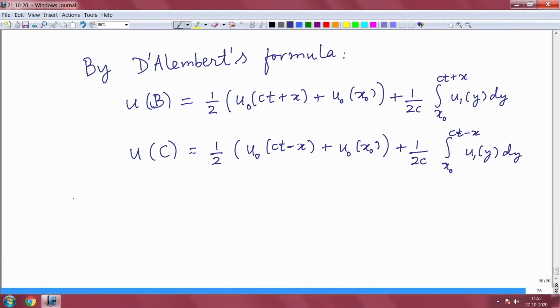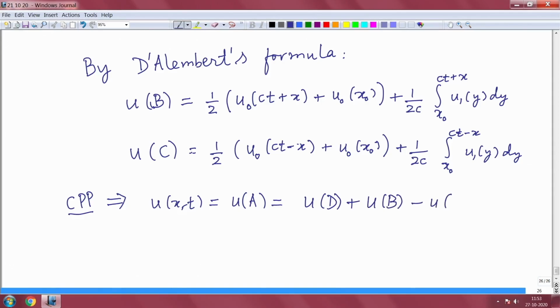CPP, let me recall that, implies u of x t, which we have denoted by the point A, is u of d plus u of b minus u of c. So we have the expressions for all these things, so let us put them together.